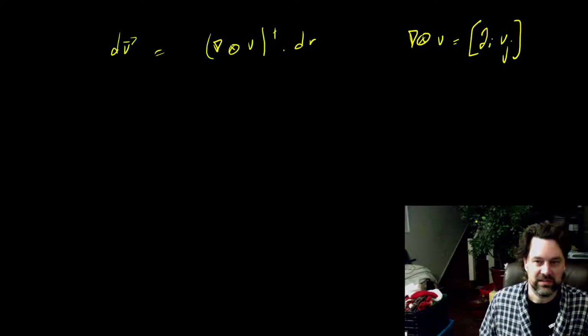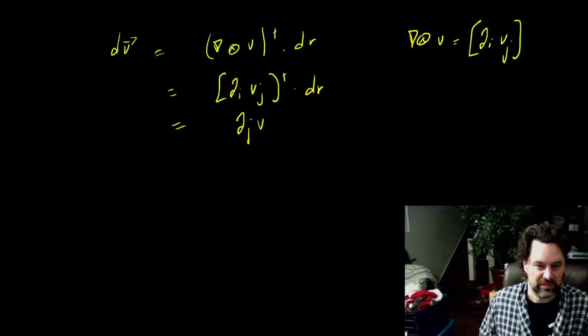So that is d/dxi vj transposed dr, or d/dxj vi, and dotting this, I'm assuming we vary the j index, so that means drj.